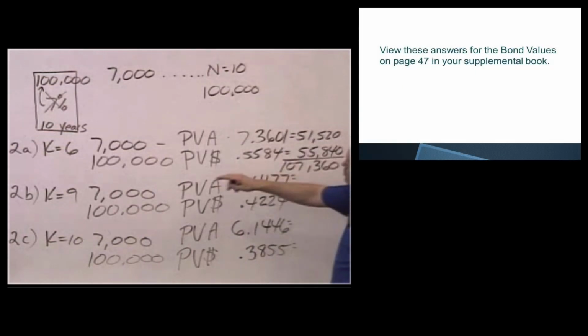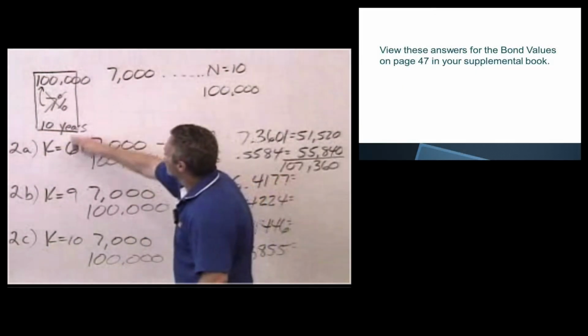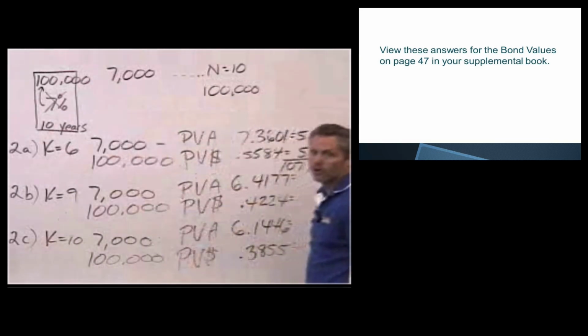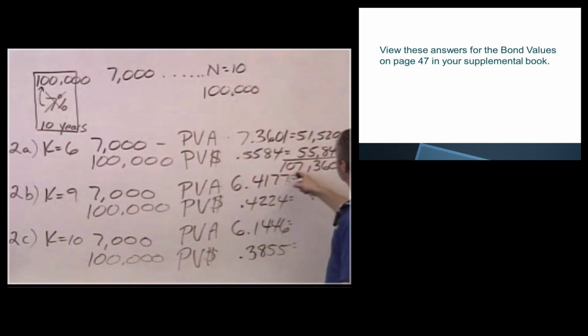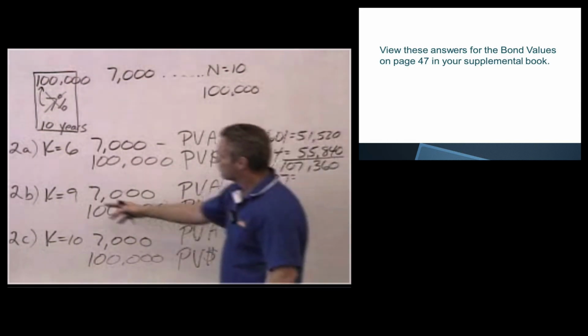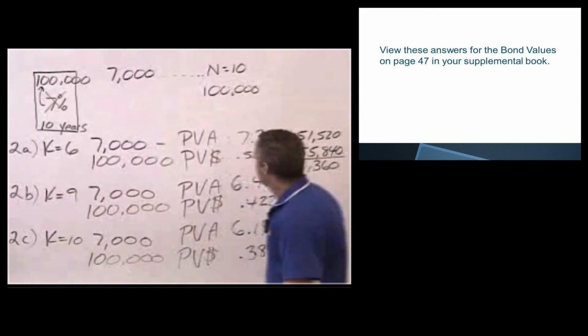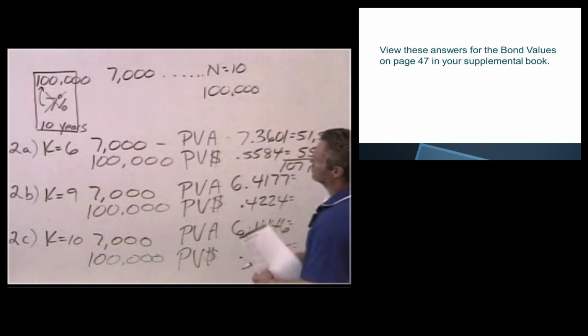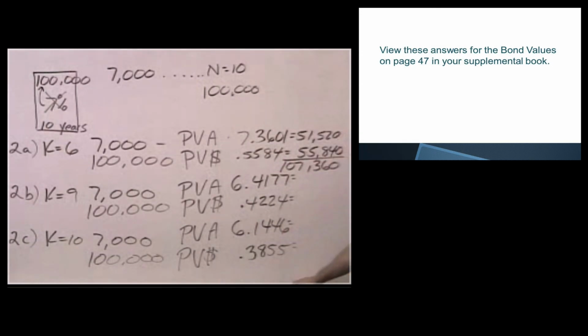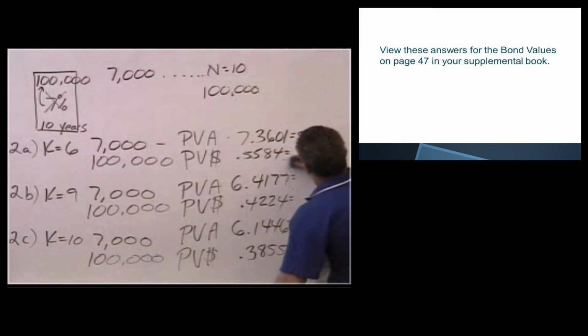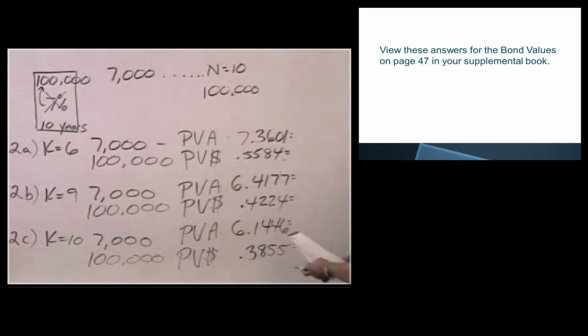Now, since the interest rate is lower than the coupon rate, we knew this was going to be worth more than $100,000, and it is $107,000. When we calculate this one through, 9% is above 7, so we're going to be under $100,000. So I'll erase this so that we're not smashed in, which we already probably are.